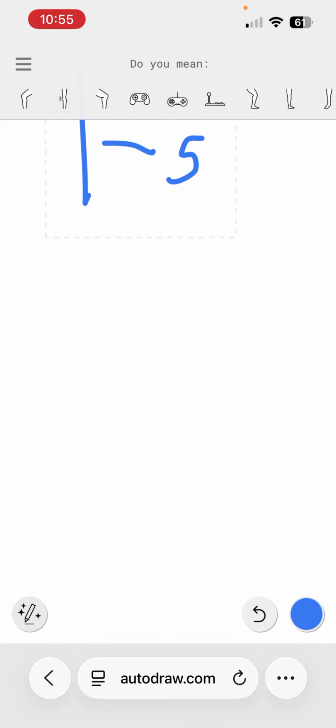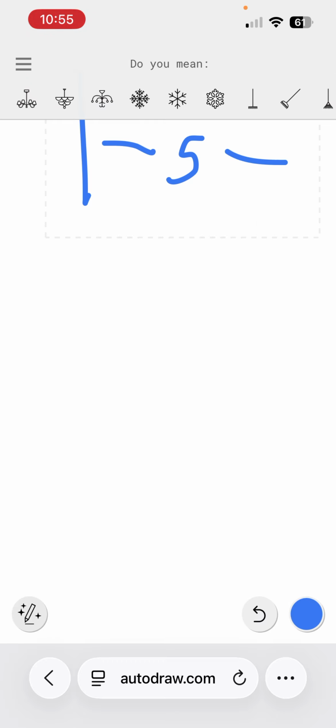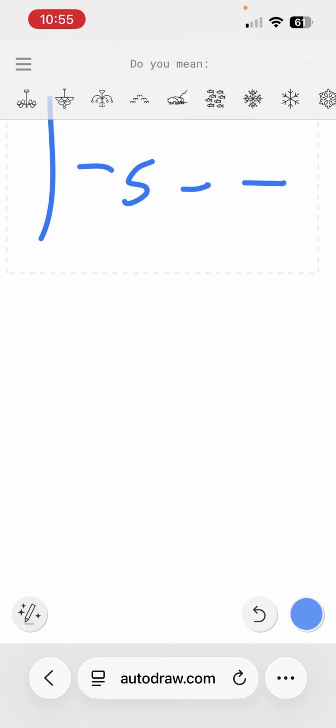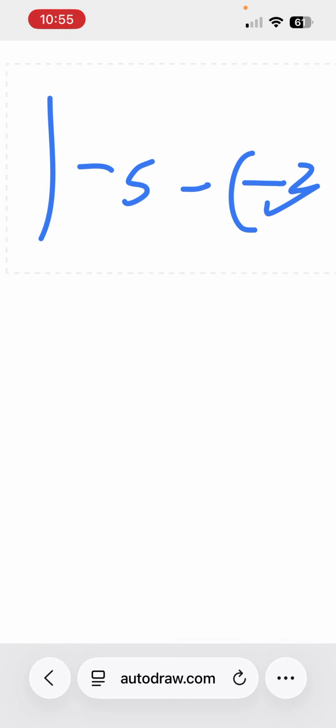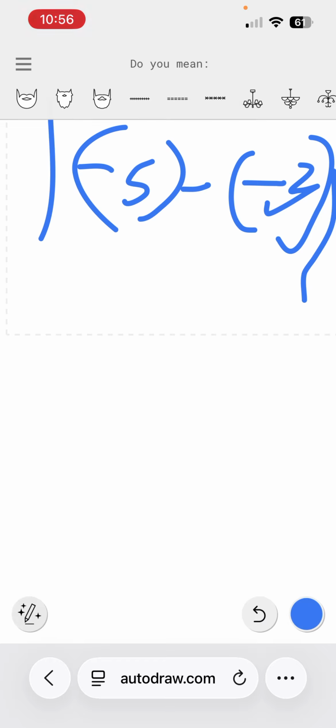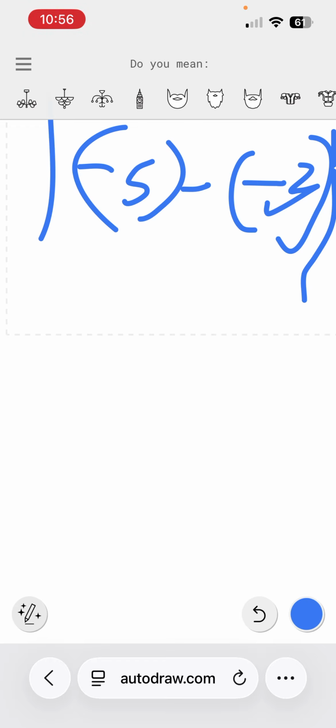I messed it up. Minus, or I could probably write that smaller, actually. And then I'll add an extra line there. It's kind of hard to see, but you can see it.